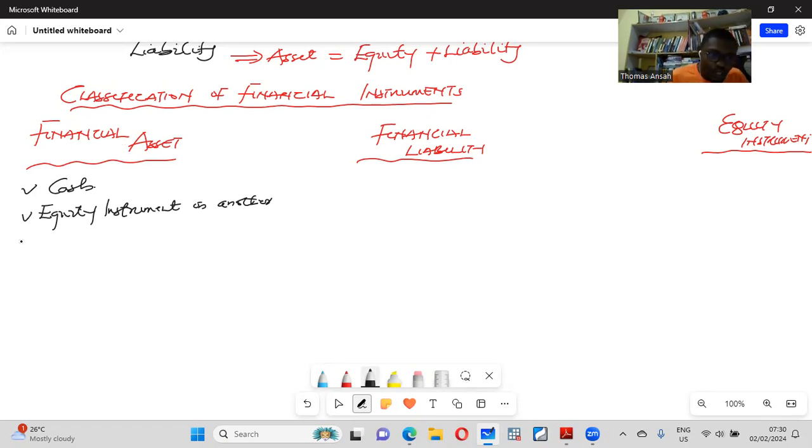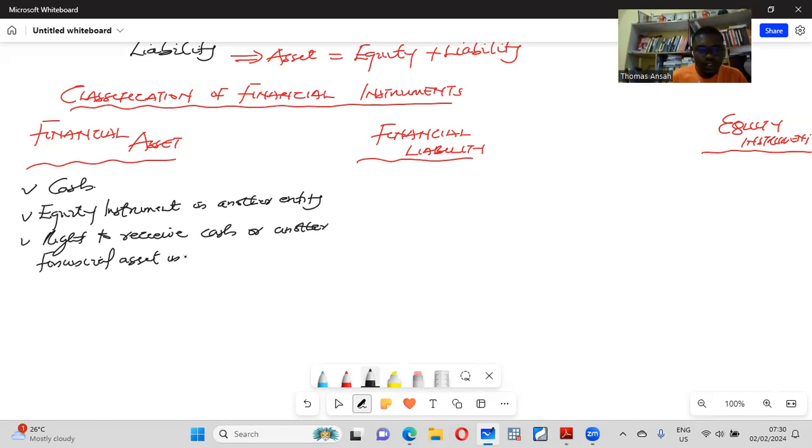Again, we talk about the right to receive cash. Right to receive cash or another financial asset in another entity.